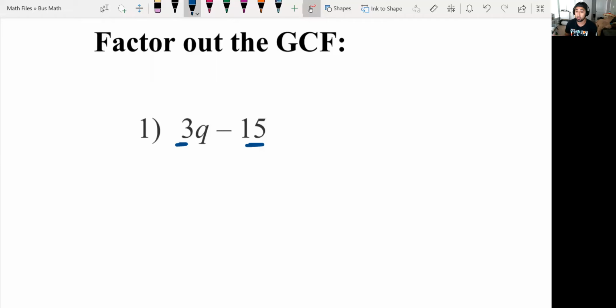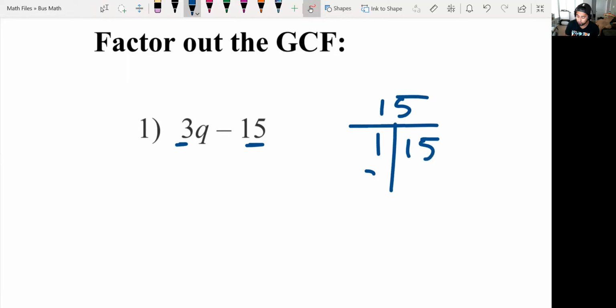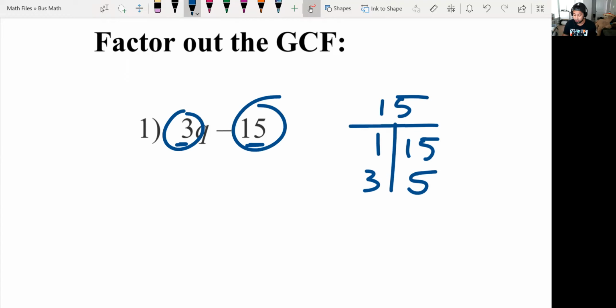You usually want to take out the smallest number. Let's factor out a 3. The factors of 15 are 1 and 15, 3 and 5, so 3 and 15 share a common factor of 3.